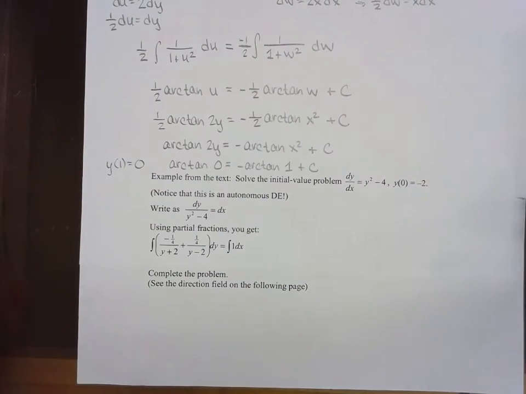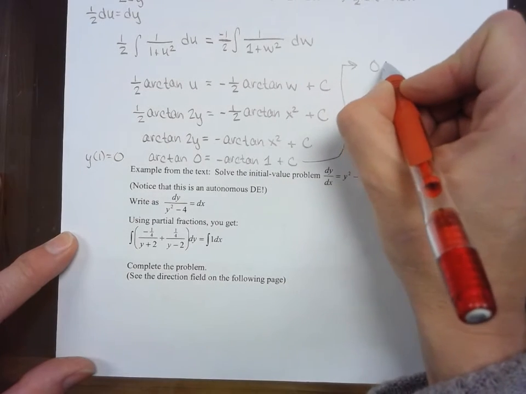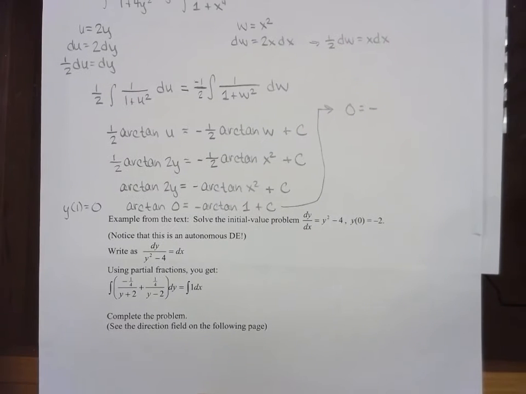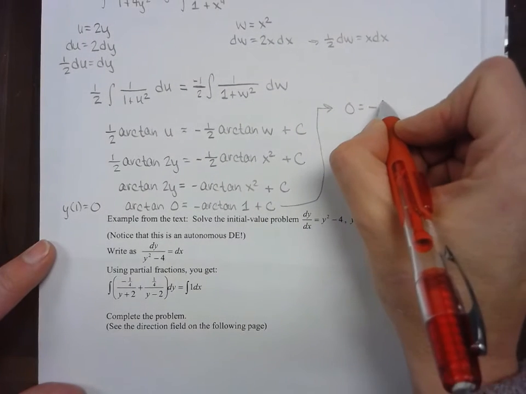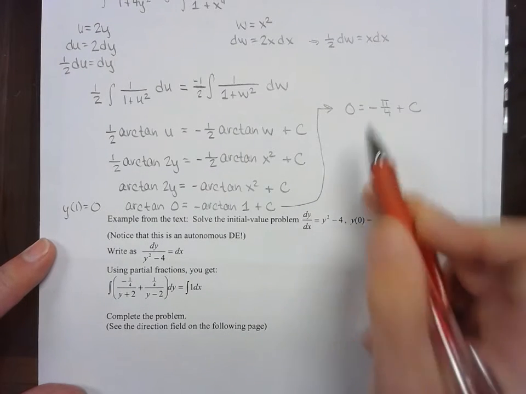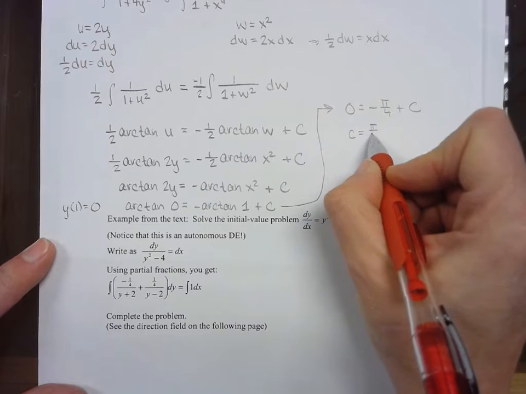What is arctan of 0? 0. What is arctan of 1? Pi over 4. So just add pi over 4 to both sides. So c equals pi over 4.